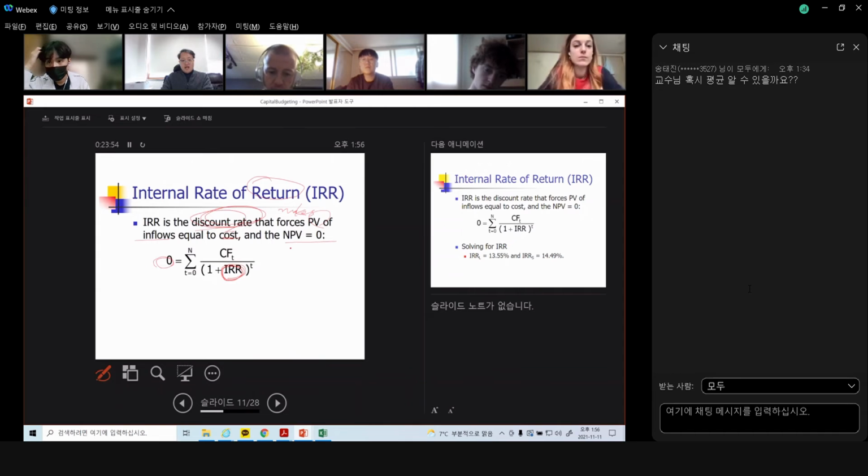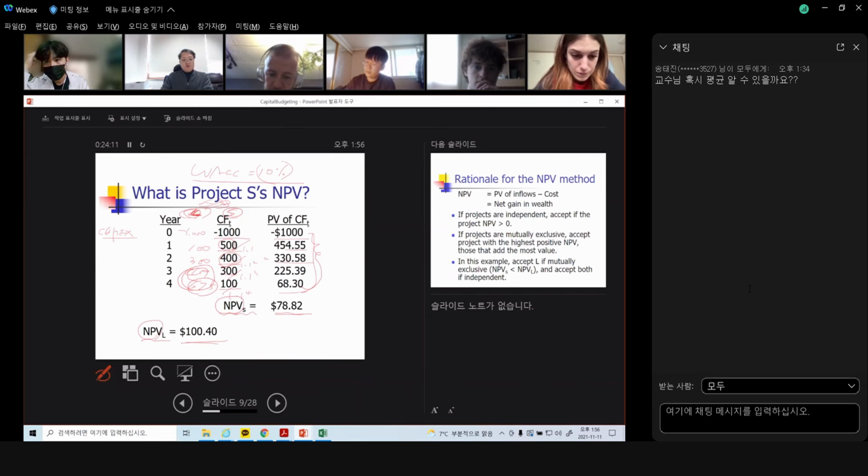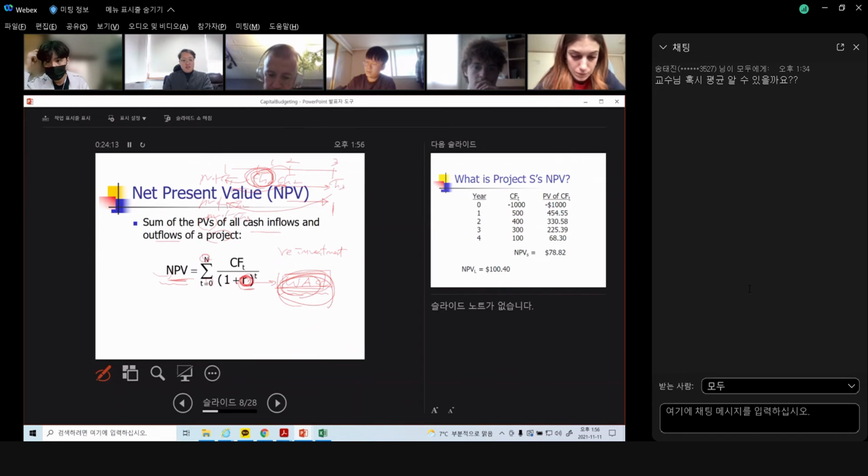So the most different point between NPV and IRR is the discount rate. In IRR, the IRR itself is used as the discount rate, whereas in NPV, WACC can be used as the discount rate.